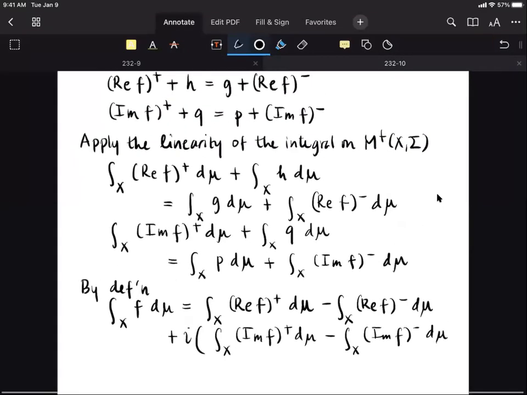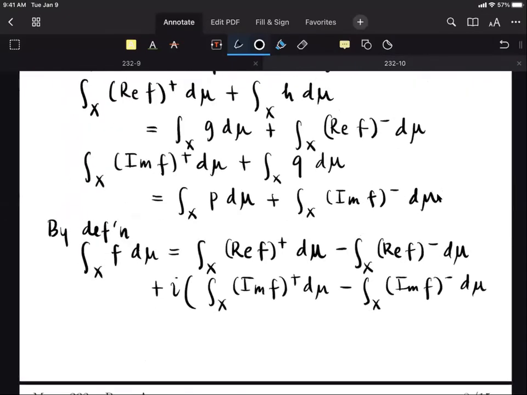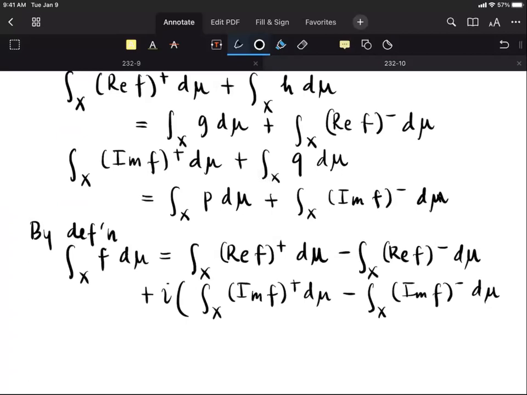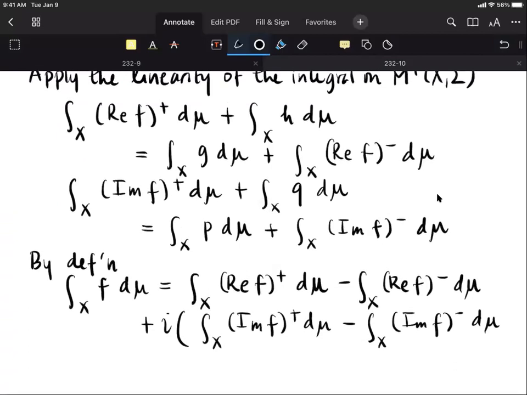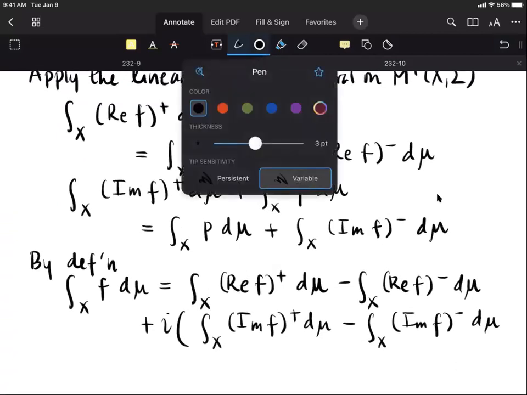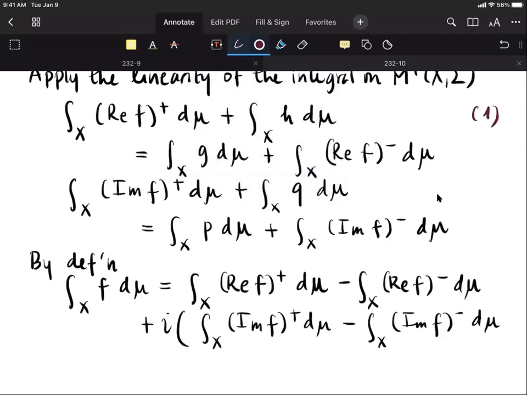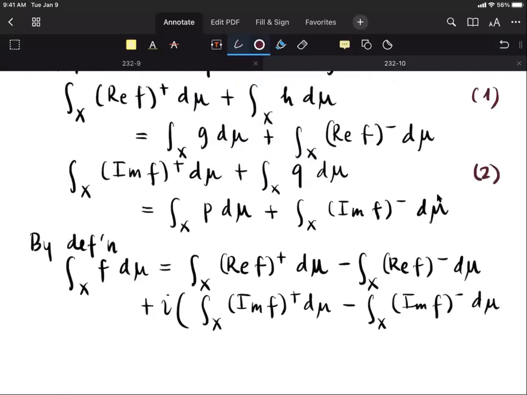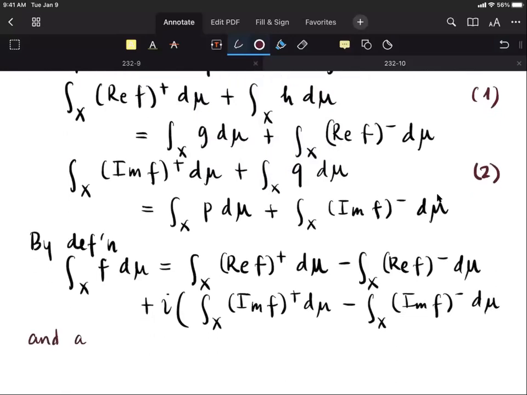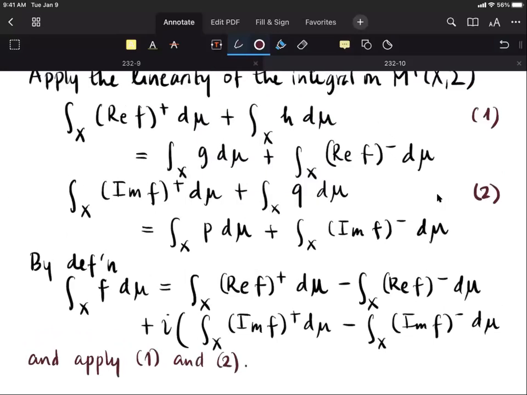Okay, so from this, we can now apply these two equations, say 1 and 2, after rearranging the terms. Okay, so you move this term on the left and you move this term on the right.